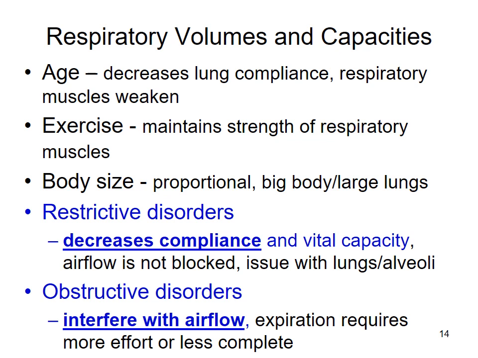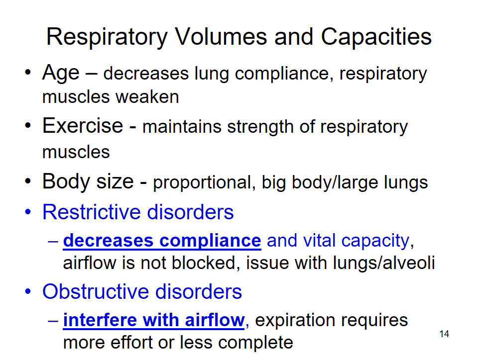So in a restrictive disorder, something tends to be wrong within the lungs and the alveoli, which reduces your gas exchange. An obstructive disorder means that you have an obstruction in the airflow. So something is blocking air from getting into the lungs. So that might be that we have to look at the patient's nasal cavity, their pharynx, their larynx, their trachea, their bronchial tree. So we have to take a look at that conducting pathway because there tends to be an obstruction in there.